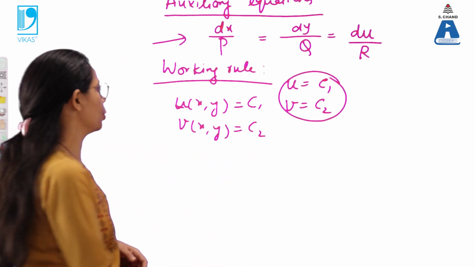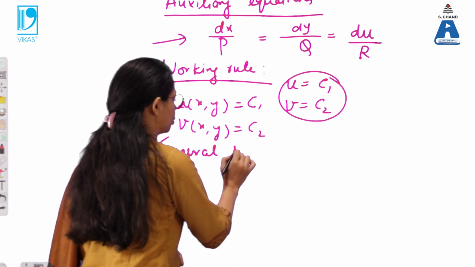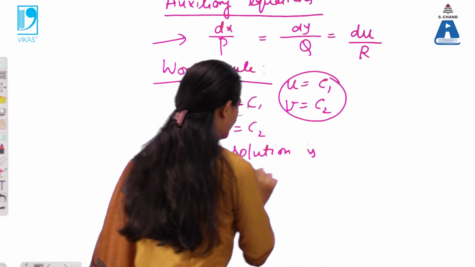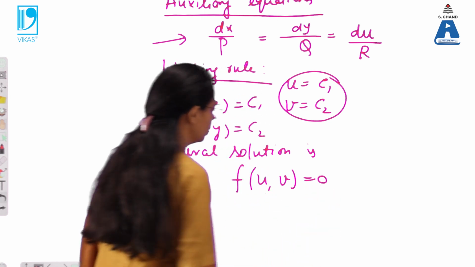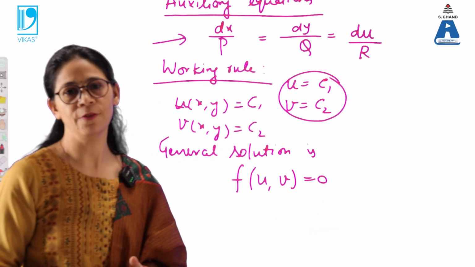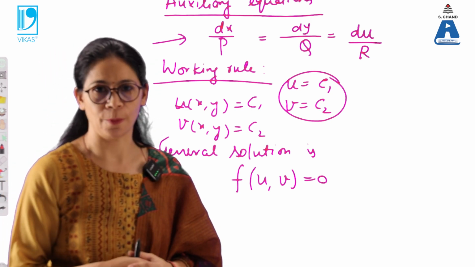Then the general solution can be written as a function of u and v equal to 0. That's how the final solution will be written for a first order partial differential equation in Lagrange's form. We will take one example to make it more clear.